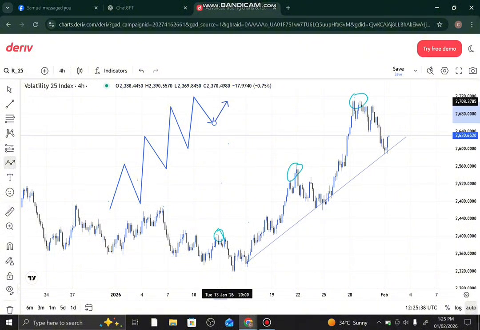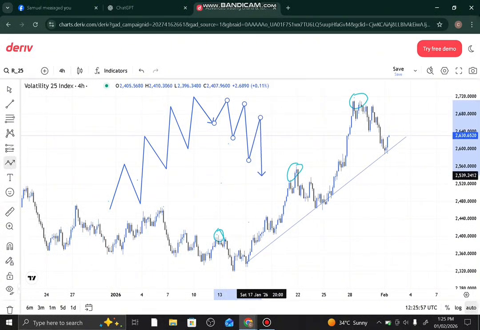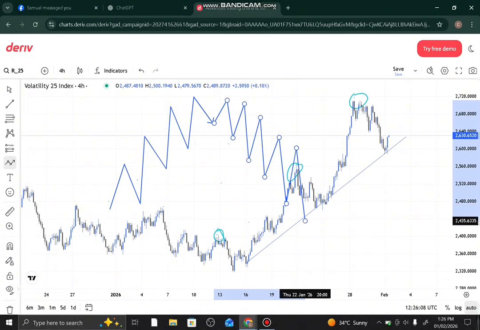We have a high, then a low, then here we call it a lower high, then a lower low, a lower high, then a lower low, and so on.